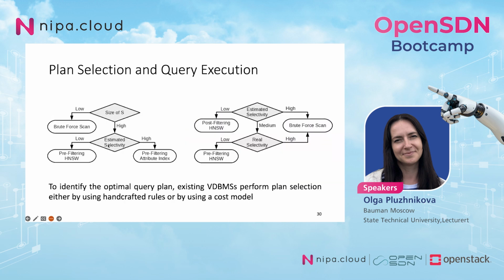To identify the optimal query plan, existing vector databases perform plan selection either by using handcrafted rules or by using a cost model. Vector operators can take advantage of hardware accelerators in order to reduce query latency.